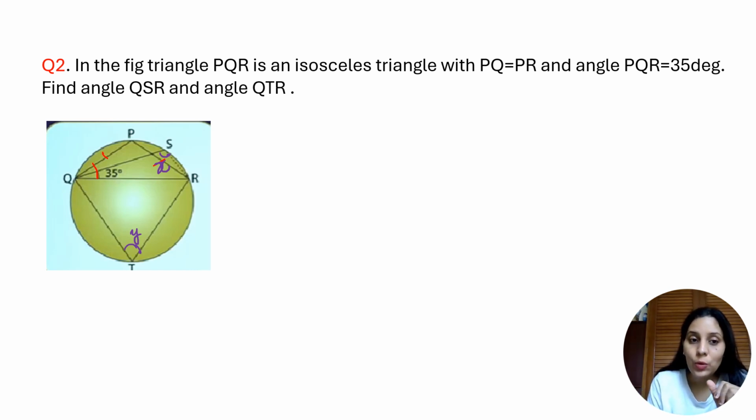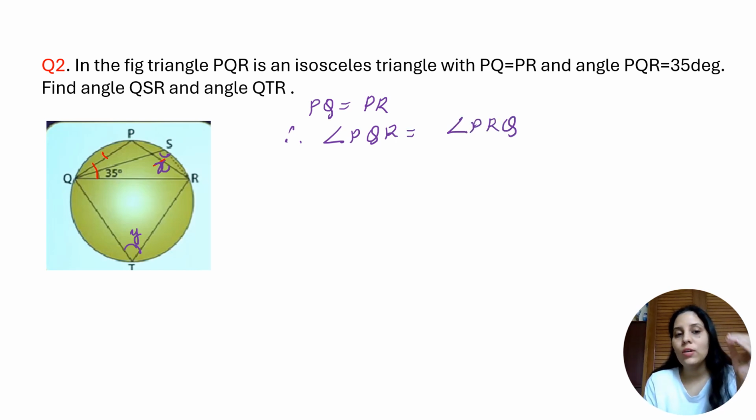Since PQ is equal to PR, angle PQR will be equal to angle PRQ, because if the sides are equal in an isosceles triangle, the opposite angles are equal. So both of them become 35 degrees.